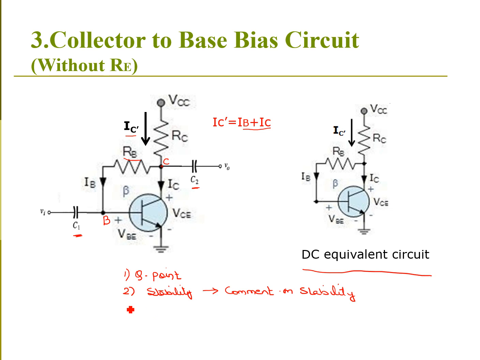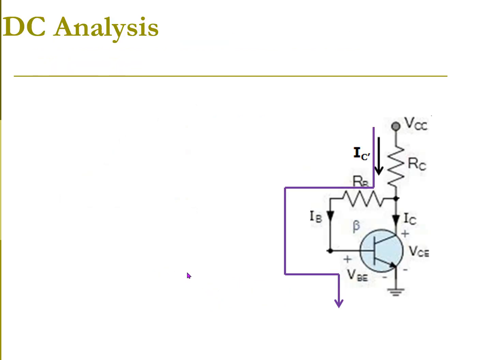Then the third is DC load line. So, you will be doing DC analysis to find out all these three parameters. So, let's start with the Q point, which is the operating point.